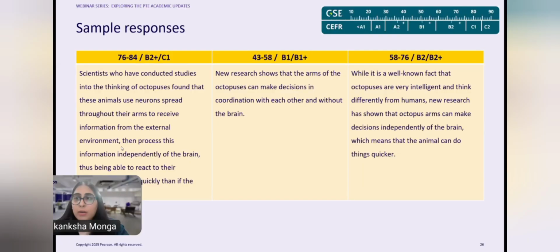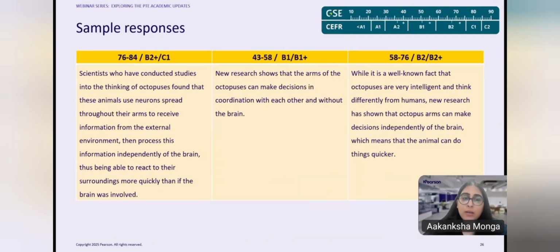Further, it uses a comma to separate two points, then uses the word "then" to show connection. There's another comma later to make sure that that clause is closed, and further uses a connective word like "thus". The vocabulary, grammar and spelling are all appropriate, so this gets a higher score.